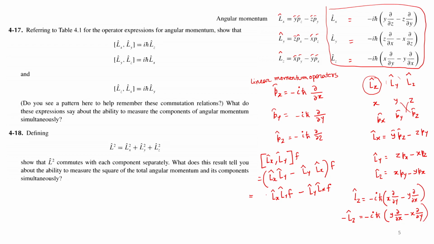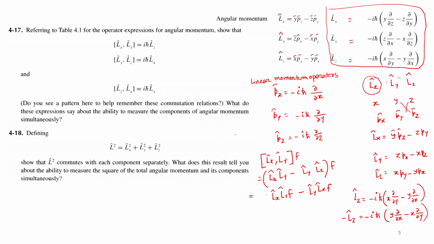What do these expressions say about the ability to measure the components of angular momentum simultaneously? Firstly, when they commute, they can be measured simultaneously.